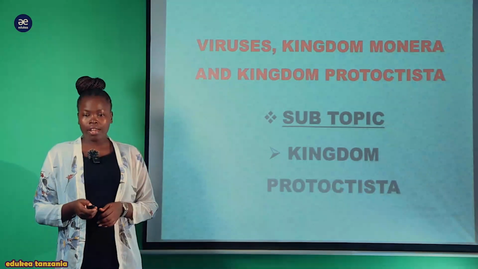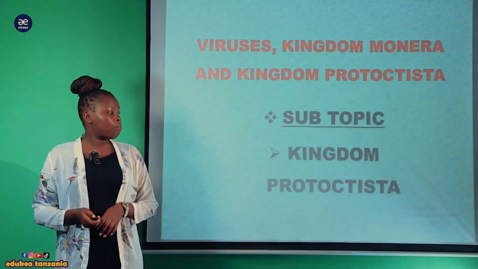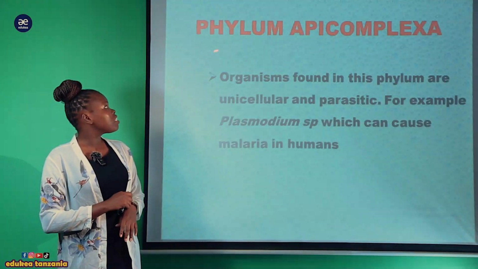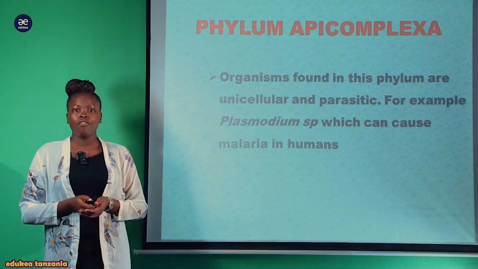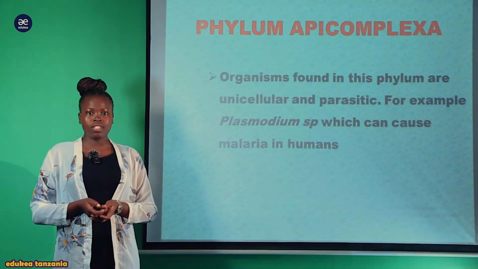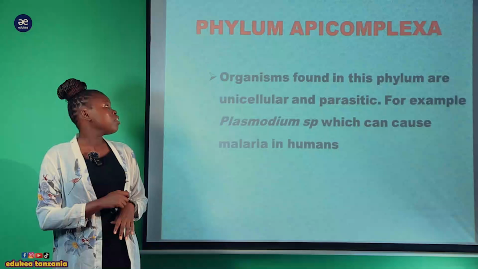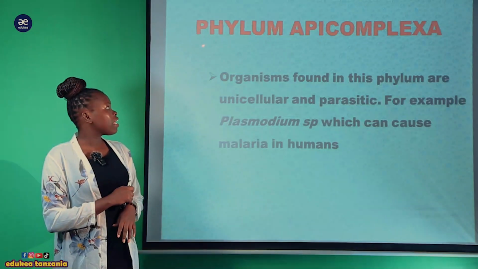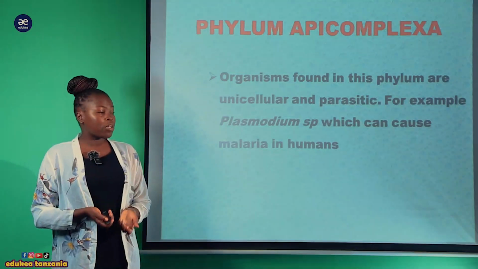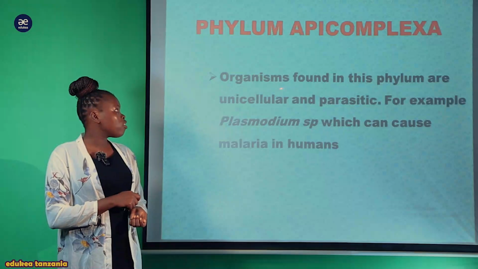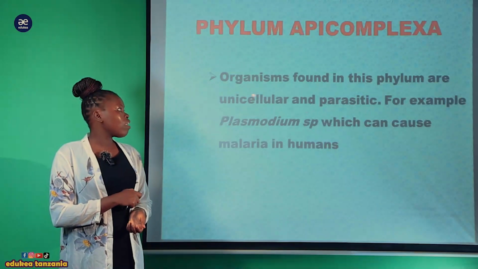So our today's subtopic is Kingdom Protoctista, and we are proceeding with the other three phyla of the Kingdom Protoctista. In today's session, we look at the third phylum, which is phylum Apicomplexa. The organisms found in this phylum are unicellular and parasitic.